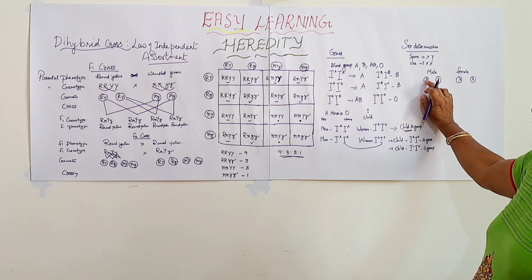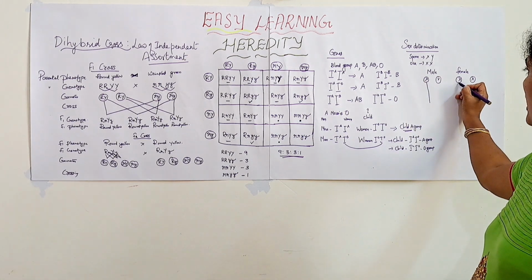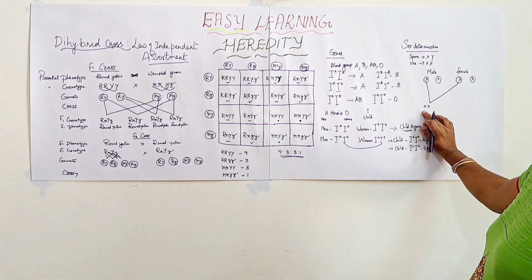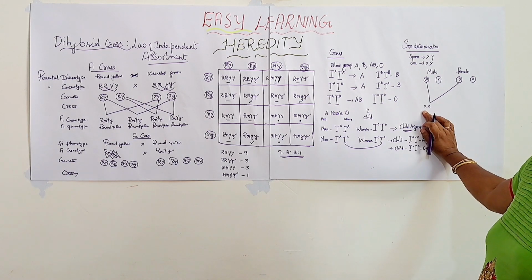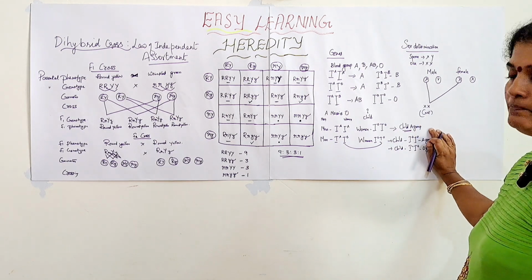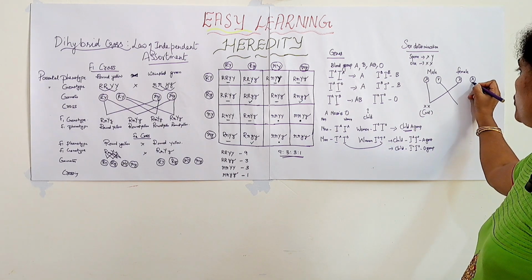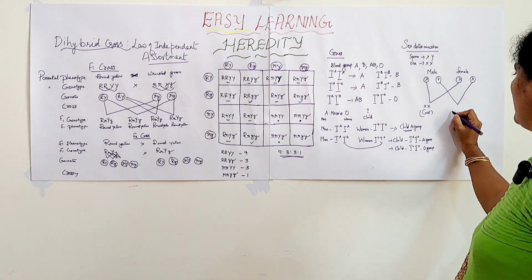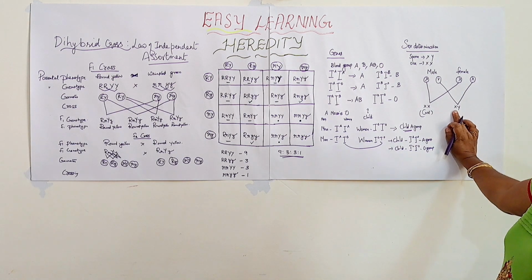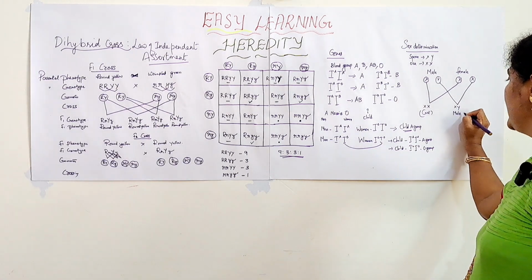Okay, so the sperm containing X chromosome fusing with the ova containing X chromosome will result in XX chromosomes in the progeny or the offspring. So it will result in the girl child. But if the sperm containing Y chromosome fuses with the X chromosome of the ova, then the chromosomes present in the progeny are XY, which will result in the male child.